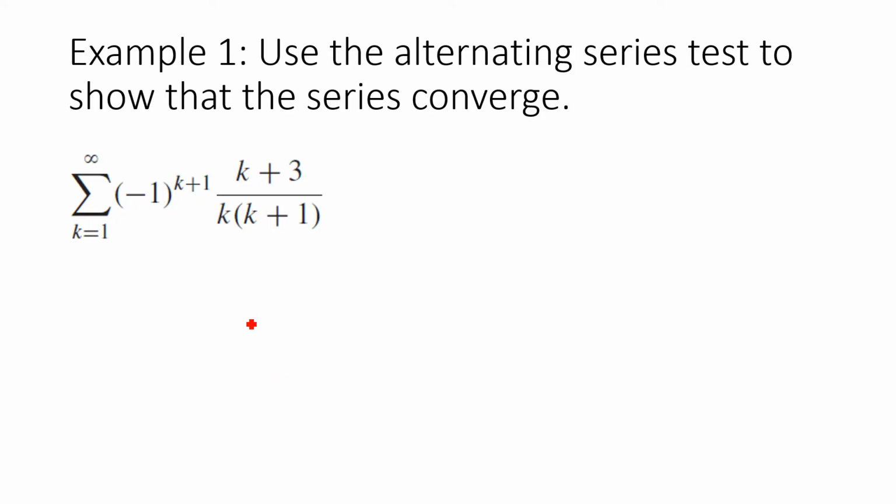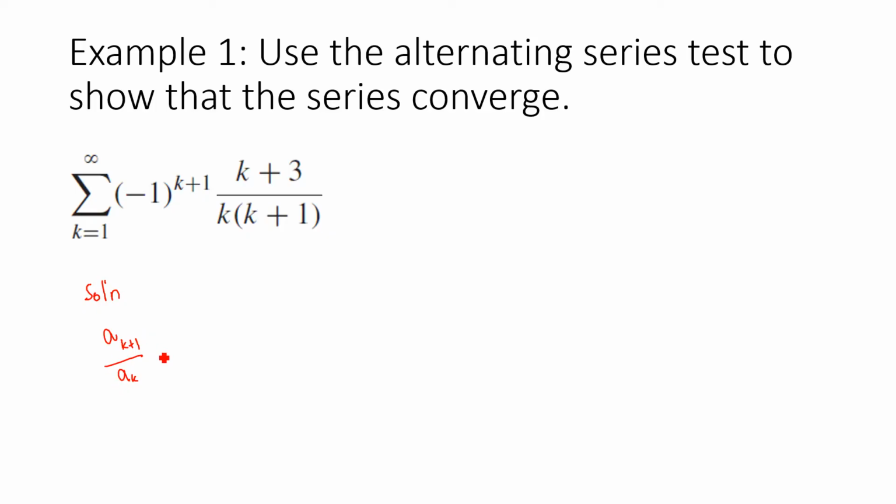So in this case, let's try to see if this is monotone. We can apply the ratio here. So a sub k plus 1 over a sub k should be less than 1.